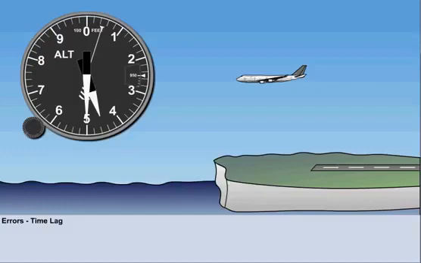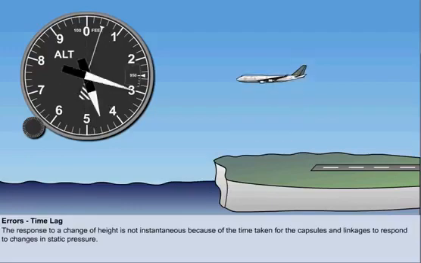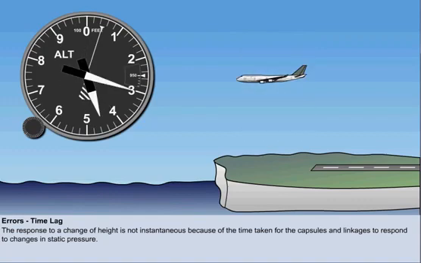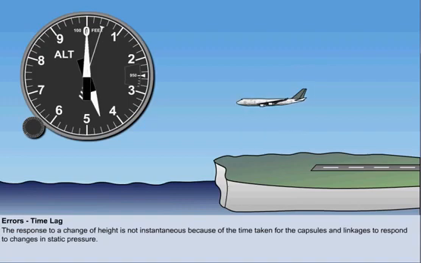The fourth error to look at is time lag. With many types of altimeter, the response to a change of height is not instantaneous because of the time taken for the aneroid capsules and linkages to respond to changes in static pressure.